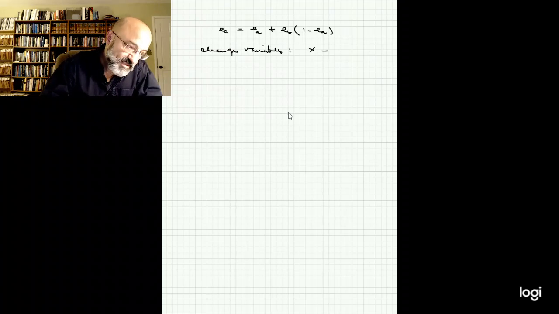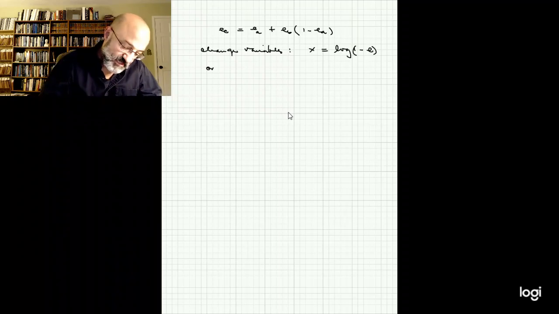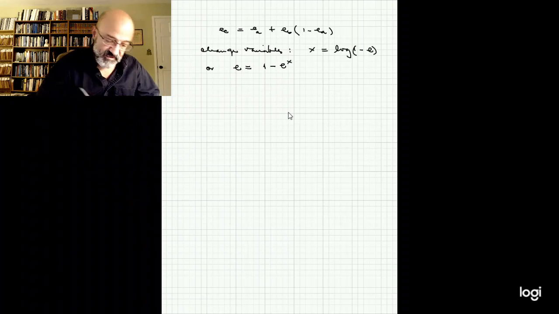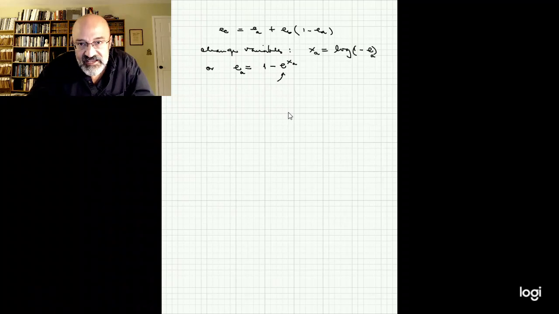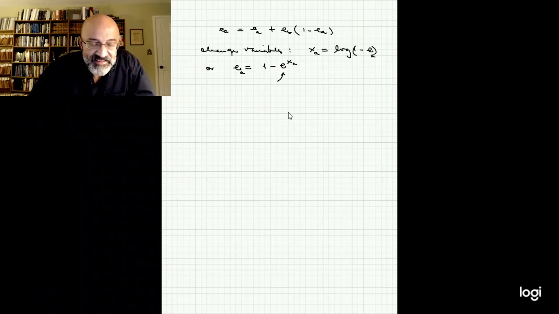X is equal to the log of 1 minus E. This is the same as saying that E is 1 minus e to the X. Let me put A, and A. I don't want to confuse this e, which is just the 2.7172, whatever, with the efficiency.